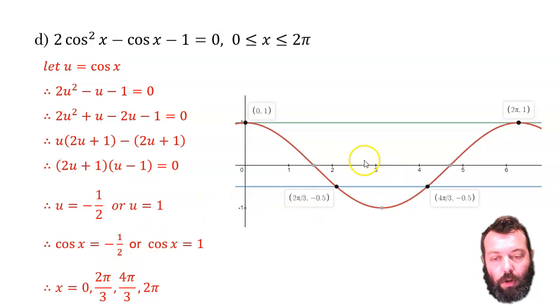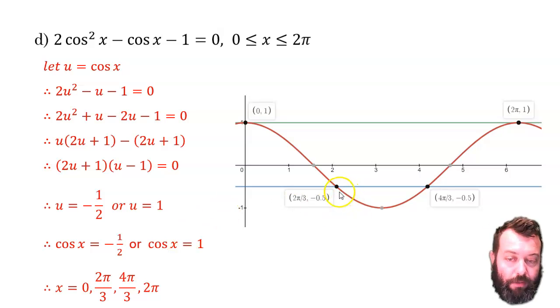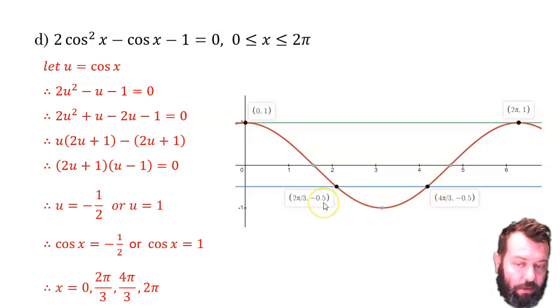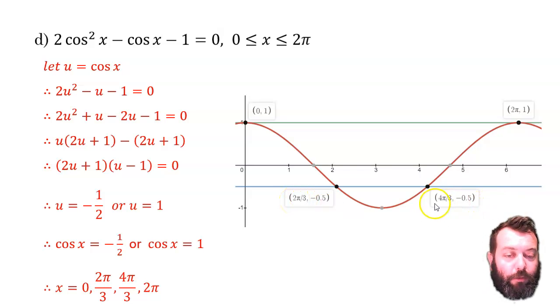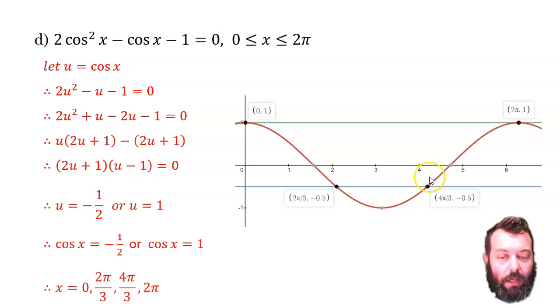So where the blue line intersects the red line is where cos x equals a negative half, and this gives me those 2 points of intersection. Right? My y value is negative a half. That's fine. We expected that, we anticipated that, but 2π/3 and 4π/3, you can see the x values. That's where they intersect.